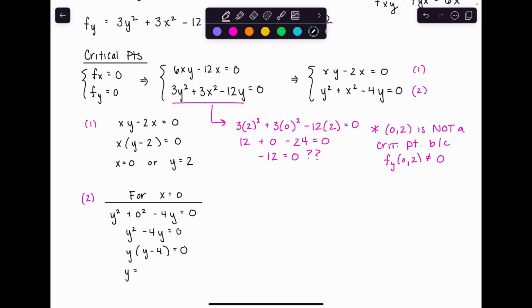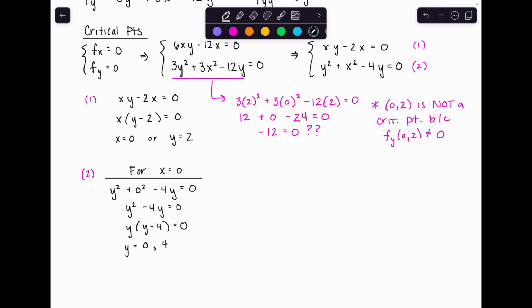And this gives me two values, 0 and 4. So when x equals 0, I have two separate y values that will make it so my partial with respect to y is 0. So I'm going to pair 0 up with each of these. (0, 0) and (0, 4) are critical points.